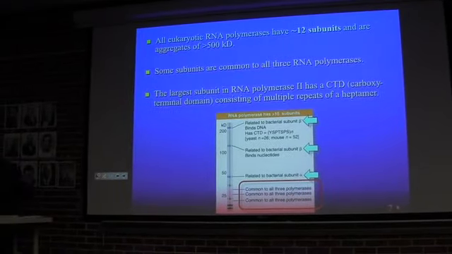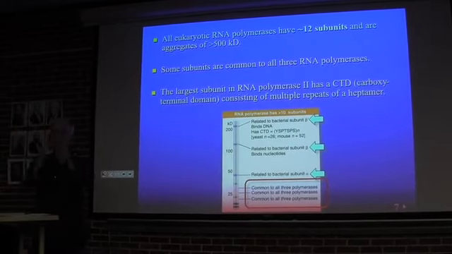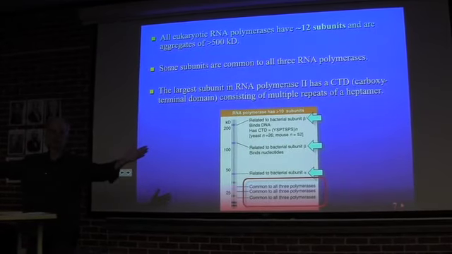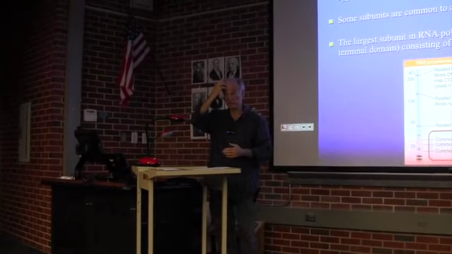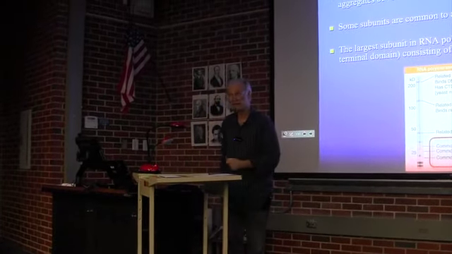How about our ancestral RNA polymerase before 1 became 3 or 4 or 5? What did that look like? Well, it didn't have a CTD. We go all the way back to archaea. But how many subunits did it have? Did they look anything like the eukaryotic, complicated 12 subunit? Well, the answer is it was just as complicated, and even more so.